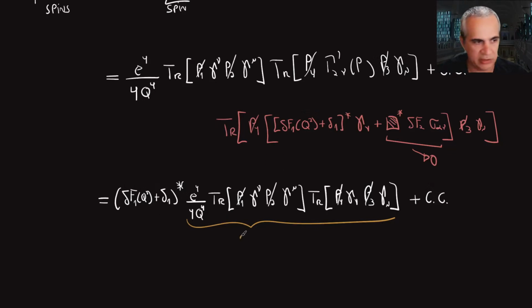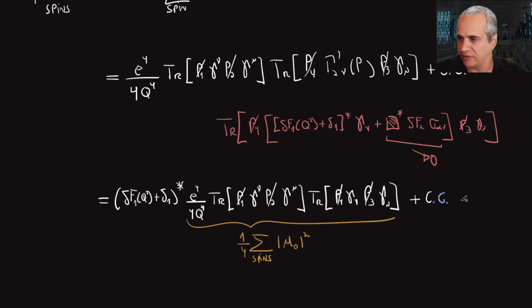This is just 1/4 of the sum over spins of what I called M0 square, right? And now if I add the complex conjugate, I'll have the same. The only difference is this coefficient, which would not be complex conjugated on this part, right?